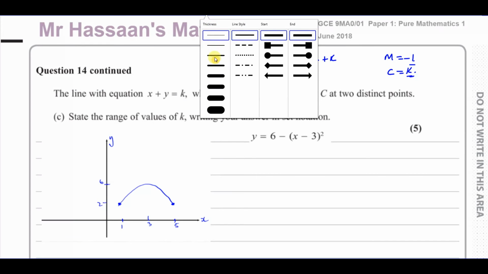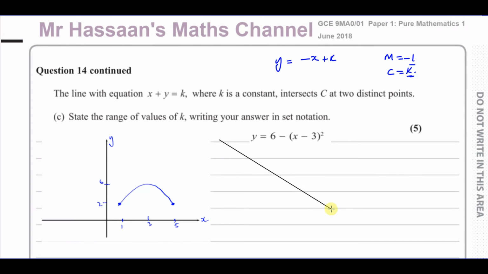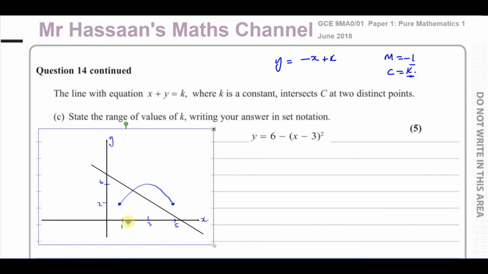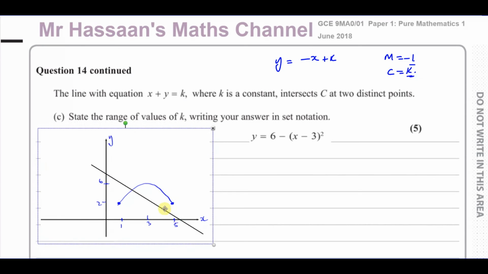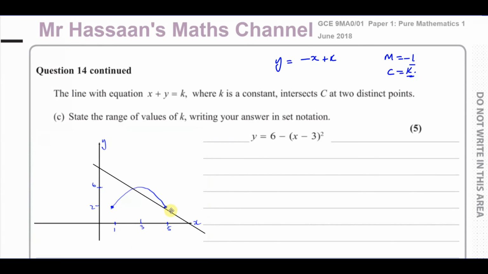Let me just make it a bit thinner. It will have this type of shape. So we've got to find the range of values of k for which there will be two solutions, basically where this intersects two times.